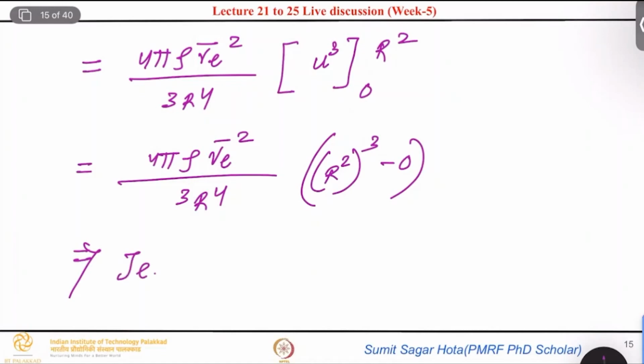So finally the value of JE2 comes out to be 4 by 3 rho VE bar square pi r square.